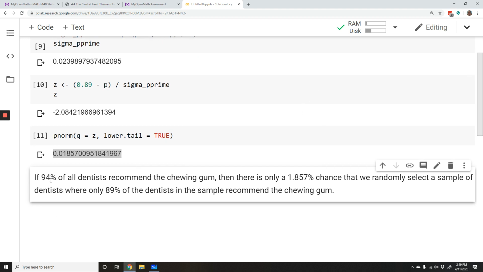Okay, so if this really is the population proportion, then the chance that we get the sample we do is really small. Only a 1.857% chance of getting a sample with this sample proportion.